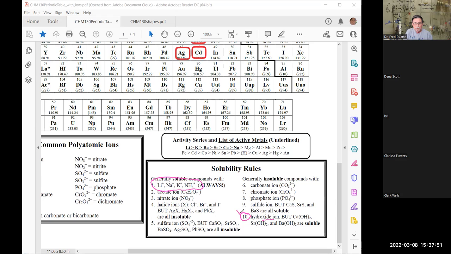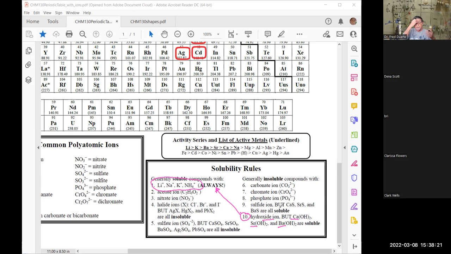If the hydroxide is bonded to anybody in number one, and if it's bonded to calcium, strontium, and barium, there are 7 examples that the hydroxide ion is bonded to that make them by definition soluble, 100% soluble. That means any other metal it's bonded to is insoluble.